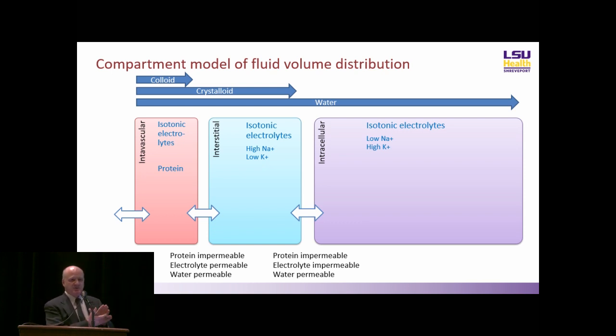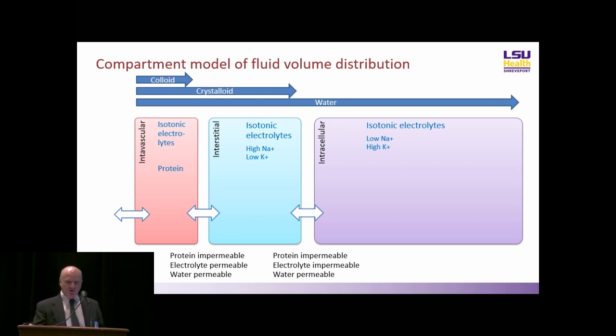It's the interface between the blood and the interstitial fluid. The next barrier is between the interstitial and intracellular space, and that is the cell membrane. The cell membrane is impermeable to everything but water for practical purposes. And the endothelium is permeable to electrolytes and water, but not readily permeable to colloids or proteins. So we have 2 selective membranes.